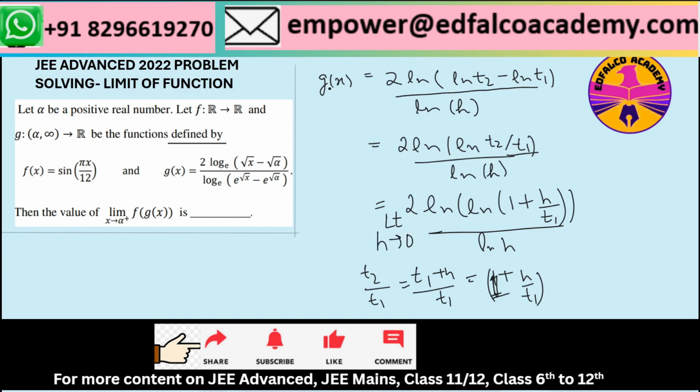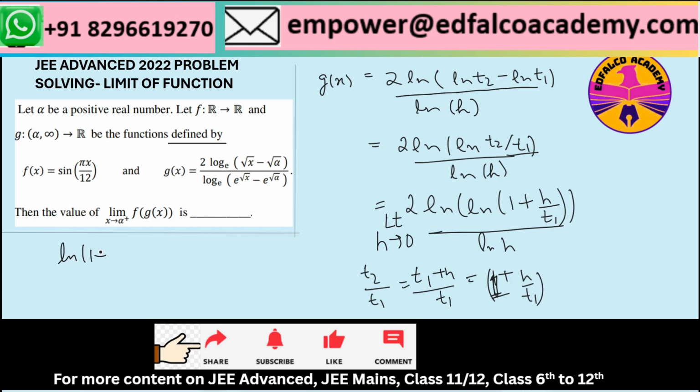When we are trying to evaluate g of x as x tends towards alpha plus, I am getting a simplified expression, ln of (1 plus h by t1) by ln of h, where my new variable h will be tending towards 0. Now one important thing is the expression that we should be aware of.